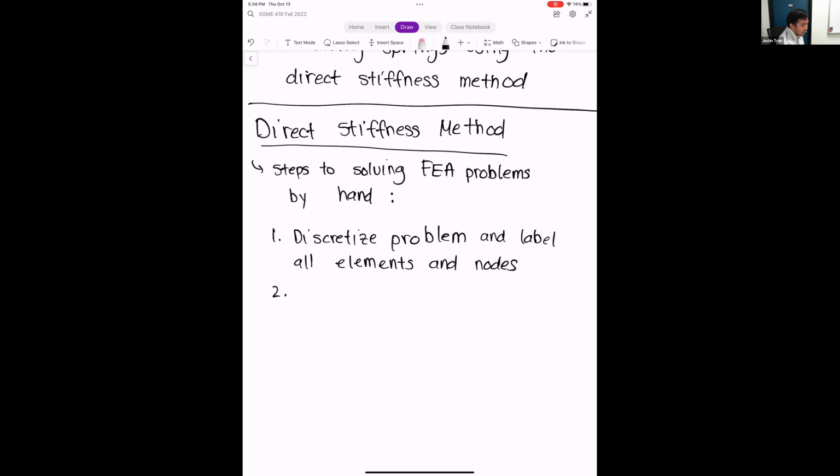Once you have your geometry all discretized and everything is labeled, the next step is to form the element stiffness matrices for each element.